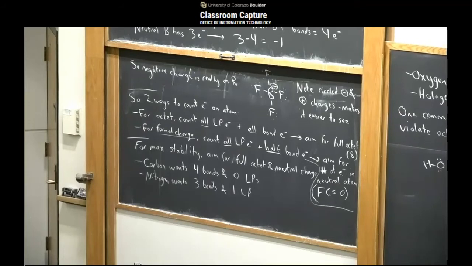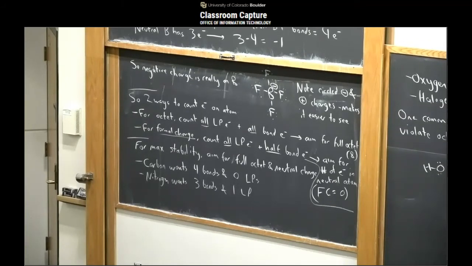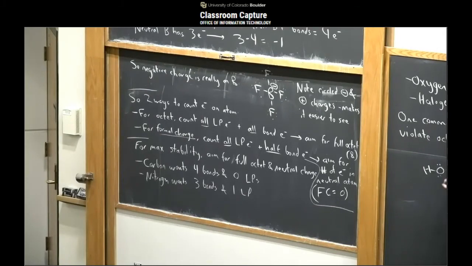Okay, so counting for octet, sulfur actually has associations with 1, 2, 3, 4, 5, 6, 7, 8, 9, 10, 11, 12 electrons.